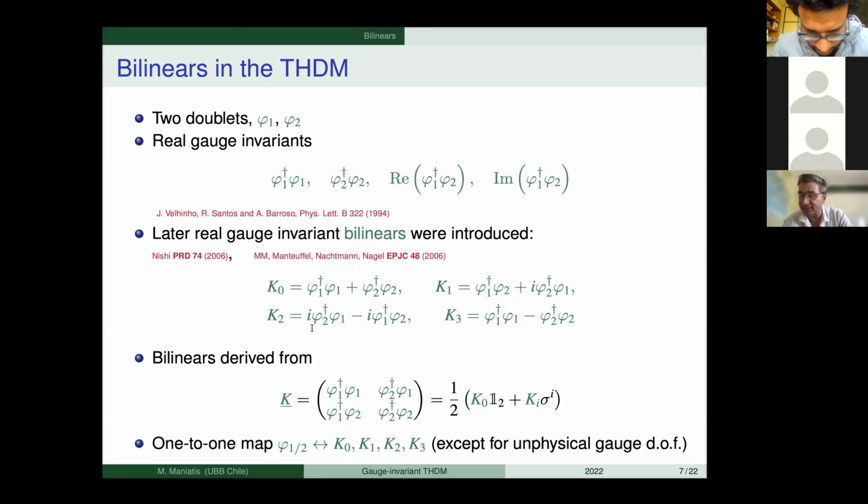You will see how simple everything gets if we do that. You will see everything is real. These are real functions, and we can see how simple the potential becomes. The Two-Higgs doublet model, or even the N-Higgs doublet model, becomes very, very accessible.